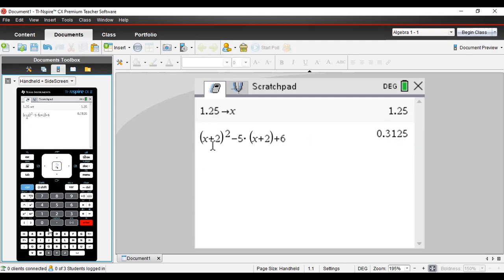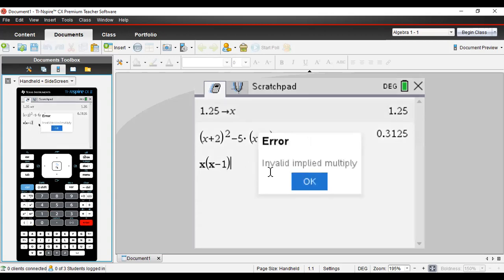Now, I'm going to go ahead and key this in the original way because I want you guys to see the errors and everything. But okay, actually it's not plus, it's minus. So this is going to be -1. Boom. And then you just press enter. Now it says, hey, I got an error here because it says this is invalid implied multiplication.